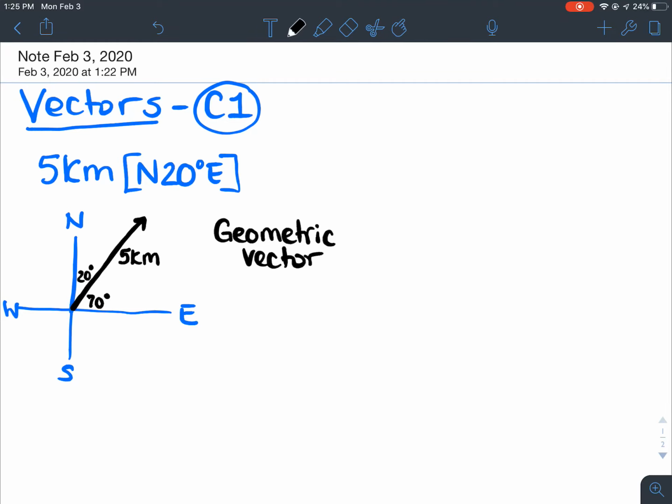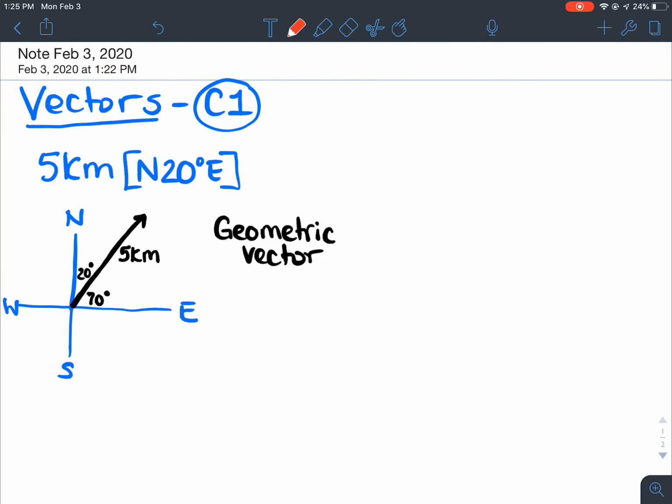And then we also talked in class today about algebraic vectors. Algebraic vectors are when you put them on a Cartesian plane and separate them into their x and y components. If we wanted to turn that one into an algebraic vector, we know this is 5 kilometers long, so we want to figure out the x and y components of this vector.